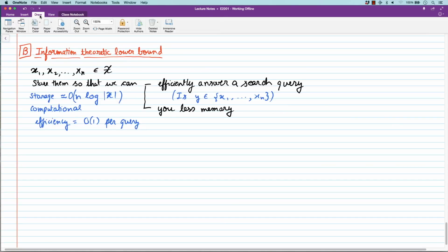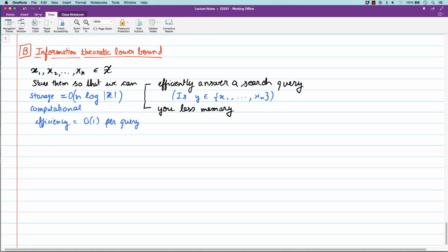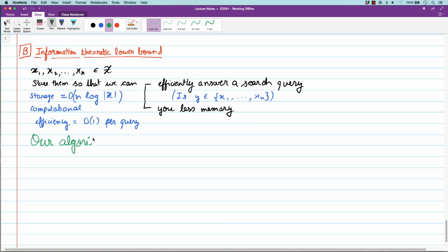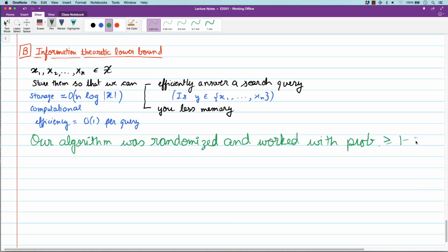So recall that our algorithm was randomized and worked with probability greater than or equal to, let's say, 1 minus delta.